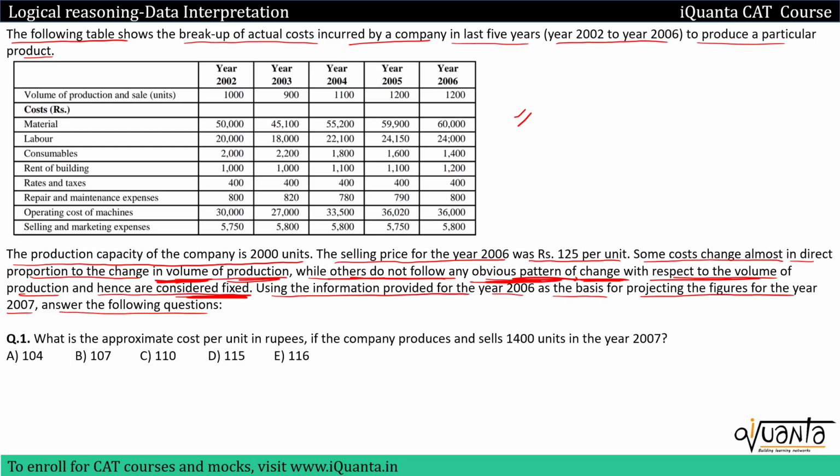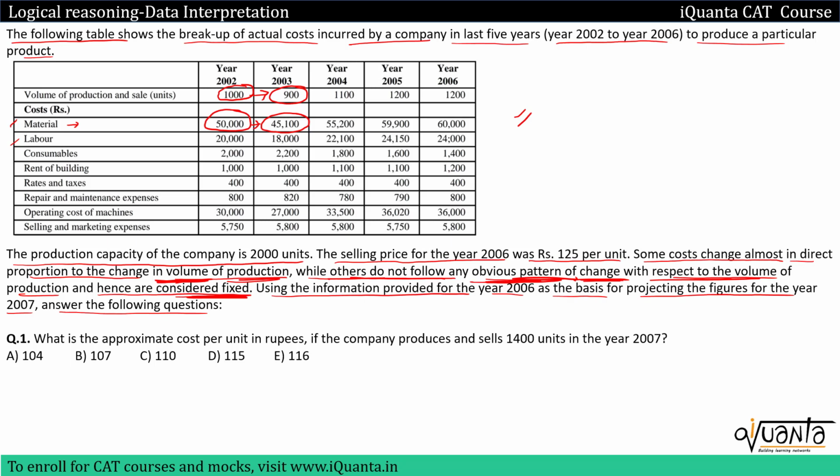We'll check each type of cost, material cost, labor cost, one by one, and we'll check which is following a direct proportion. For example, if I'm checking material first, in year 2002 there were 1000 units and the cost was 50,000. In year 2003 the number of units is 900, so number of units has decreased from 1000 to 900. Similarly, the cost of this material has decreased from year 2002 to 2003 because number of units decreased.